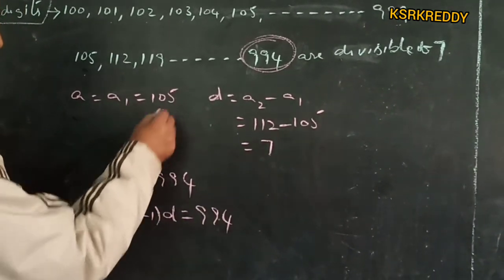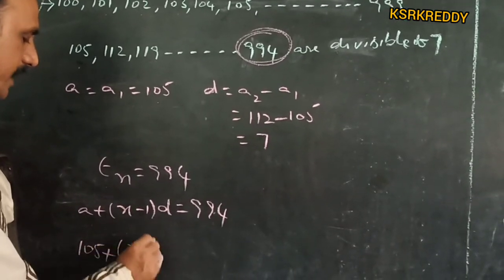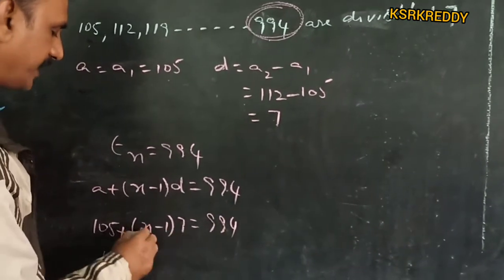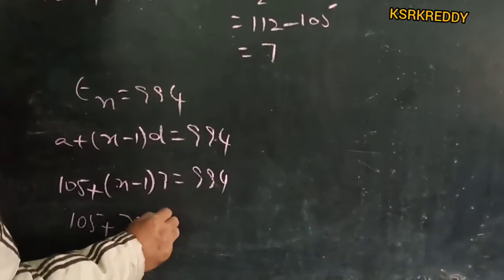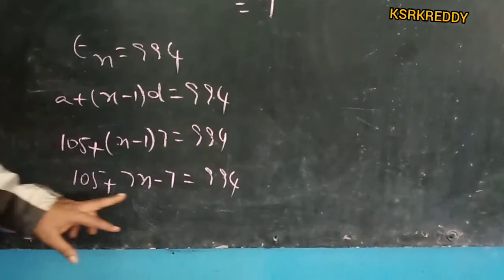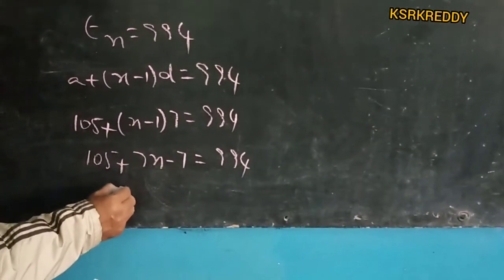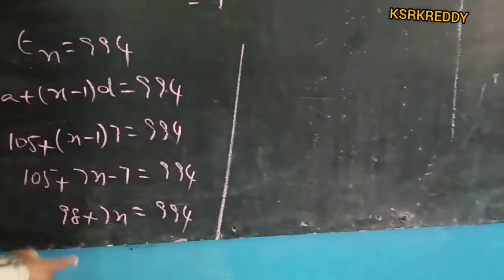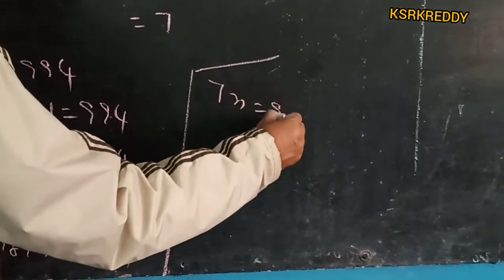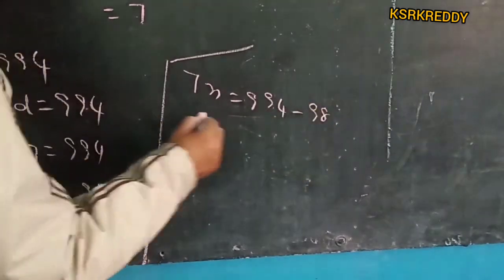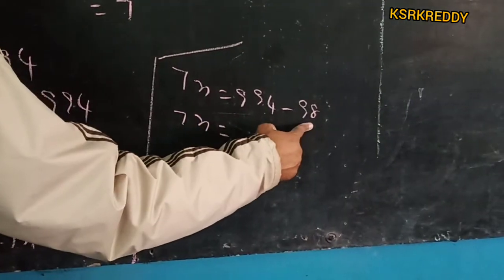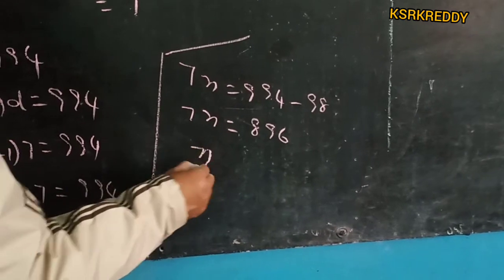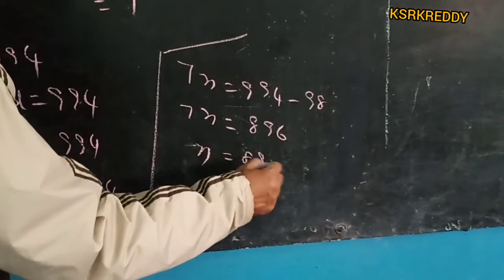What is the A value? 105 plus n minus 1 into D, where D is 7, is equal to 994. 105 plus 7n, minus 7, is equal to 994. 105 minus 7 is 98, so 98 plus 7n is equal to 994. 98 we change to the other side, so 7n is equal to 994 minus 98. 7n is equal to 896. N is equal to 896 by 7.